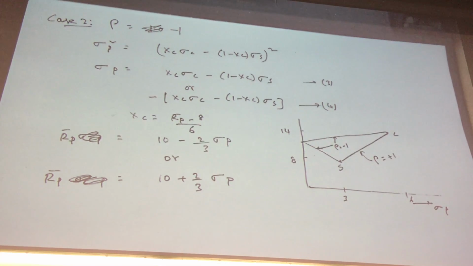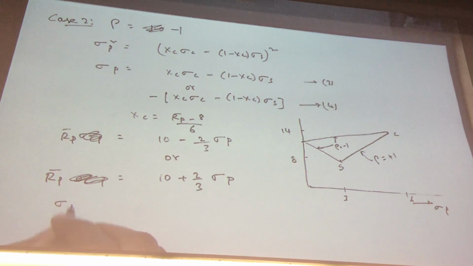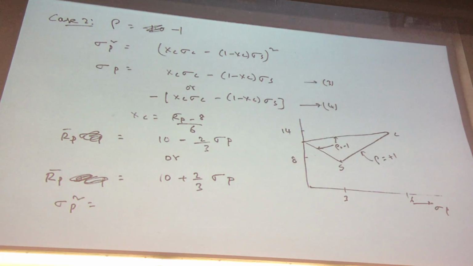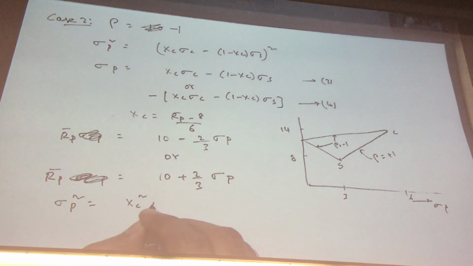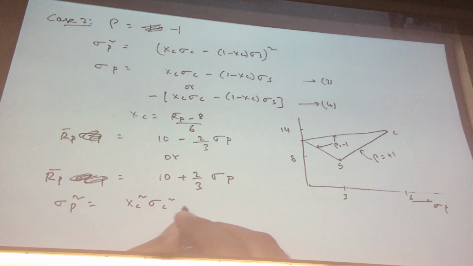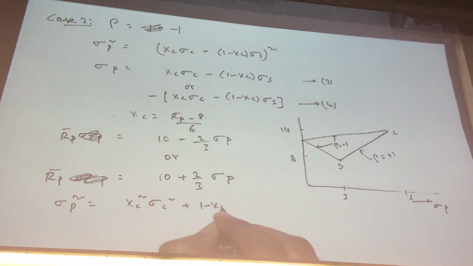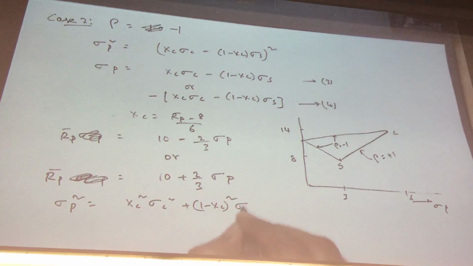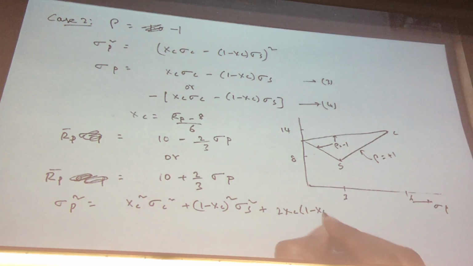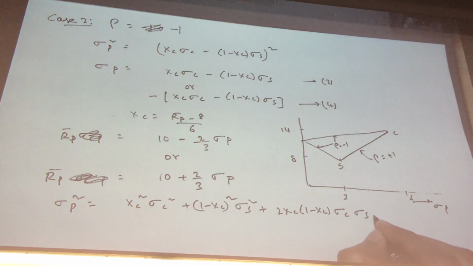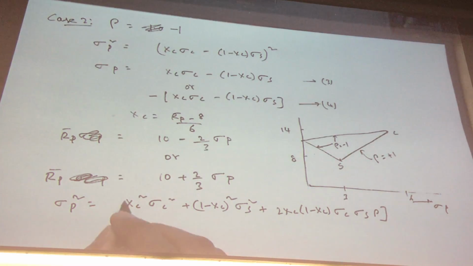Let us look at the variance of the portfolio. That is xc square, I'm just writing down this again, sigma s square, 2xc(1 minus xc), sigma c, sigma s, and the rho value.